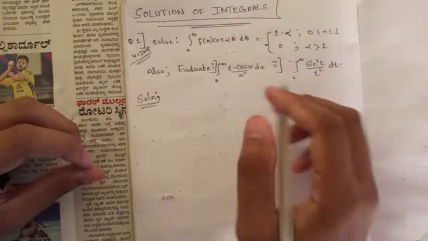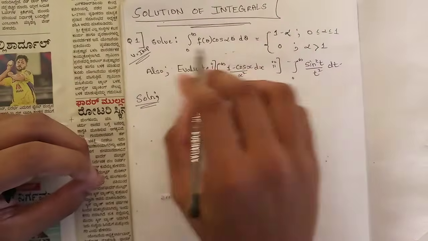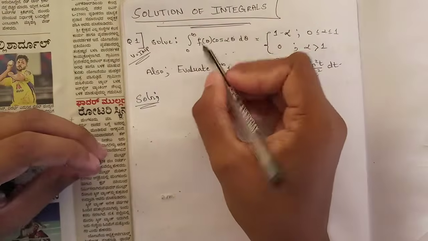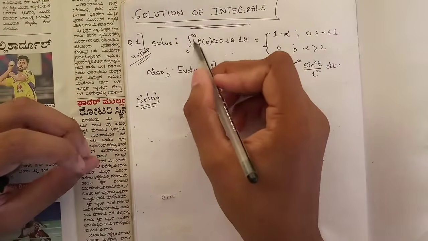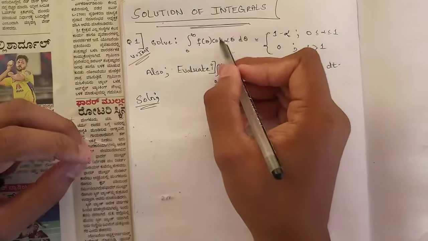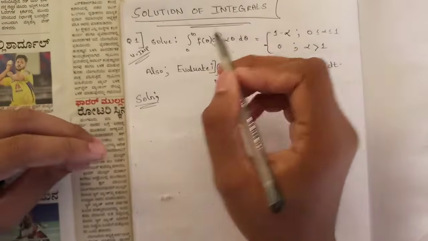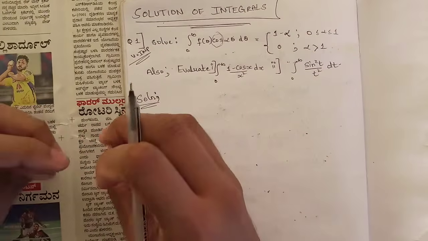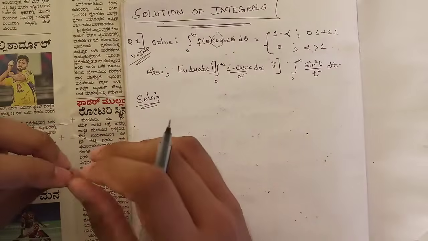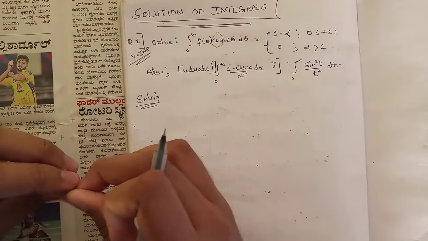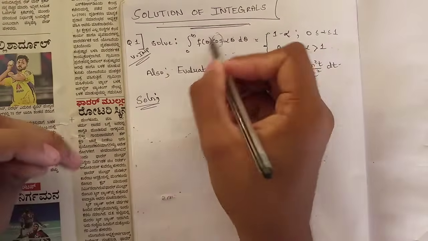First thing we need to identify this equation. By seeing this equation we can see that the interval is from 0 to infinity, and the function we have is cos. So here we can guess that this integral is a Fourier cosine transform, since we have cos.